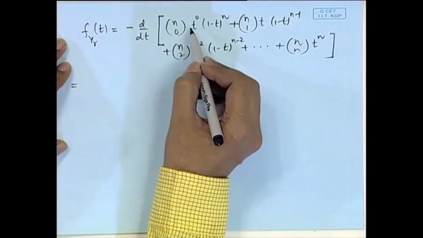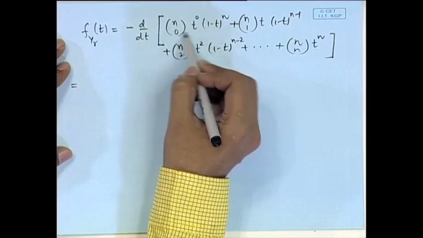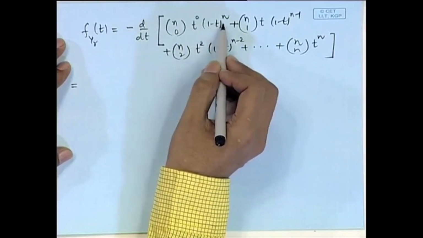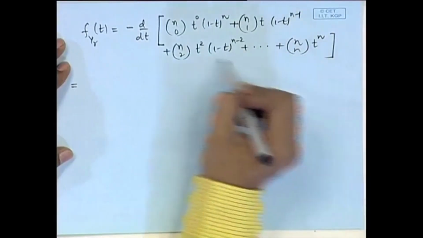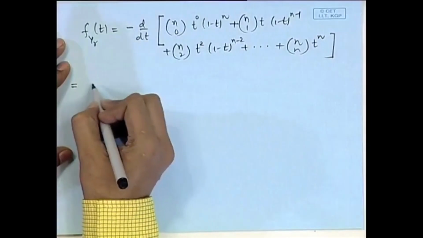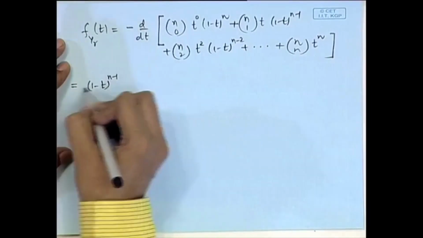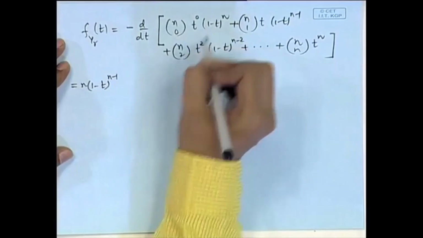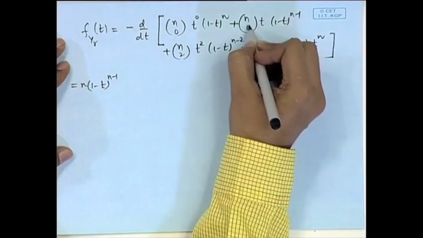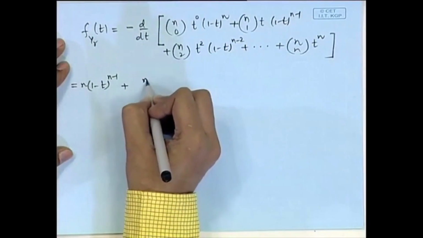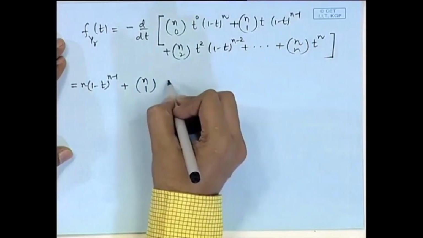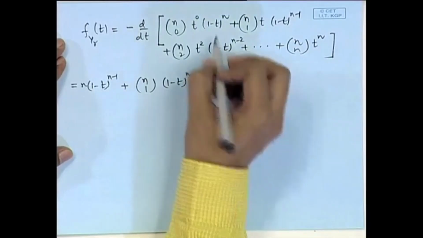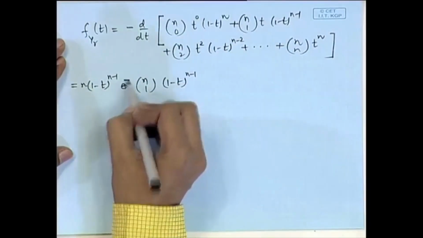So, the derivative of this will give us, with term by term differentiation, each term being a product of two terms except the first and the last. In the first one we will get (1 minus t) to the power n minus 1, with a minus sign here. Plus nC1, whose derivative gives (1 minus t) to the power n minus 1 with a minus sign, so this will become minus.